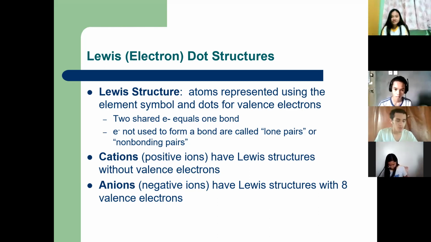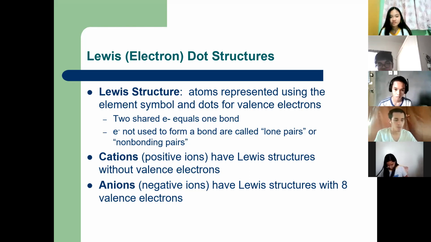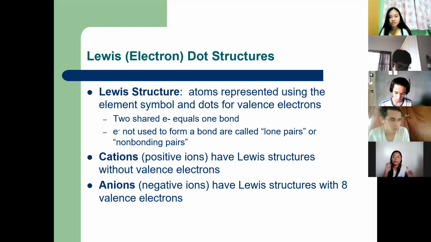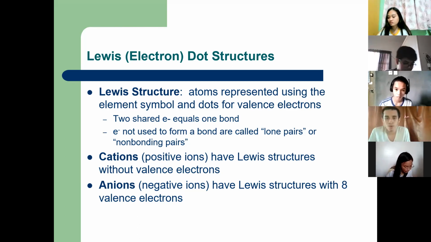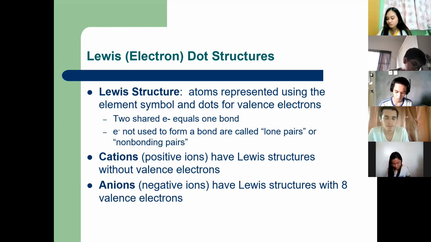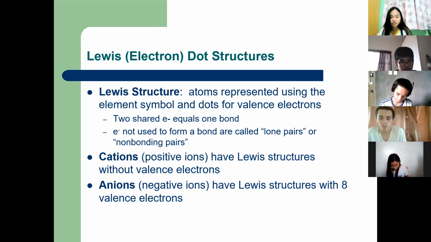Okay, so cations are positive ions. How does an atom become a cation, and how does an atom become an anion, a negative ion? Speaking of cations, they are positive ions and the anions are the negative ions.